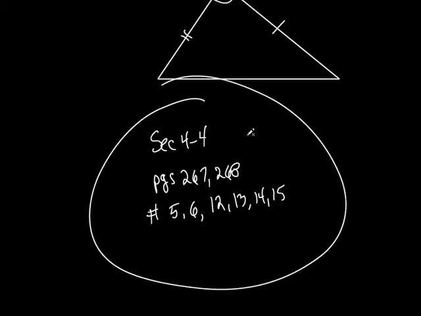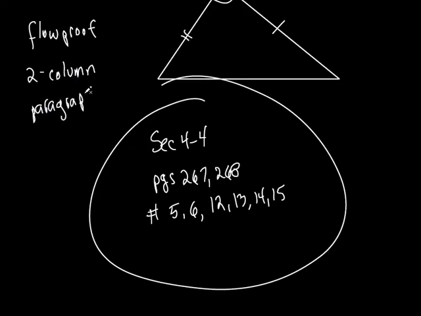It's from the book. So every one of these, I want you to draw the picture on your paper. I want you to write what's given, write what you have to prove, then mark your picture and tell me why the triangles are congruent to each other. Now you're going to see some of these say write a flow proof, some are going to say write a 2-column proof, some are going to say write a paragraph proof.